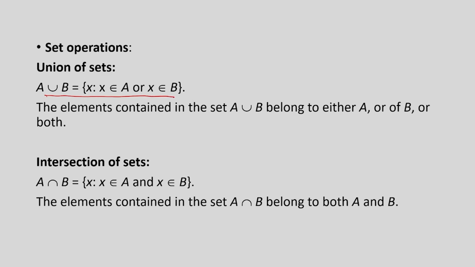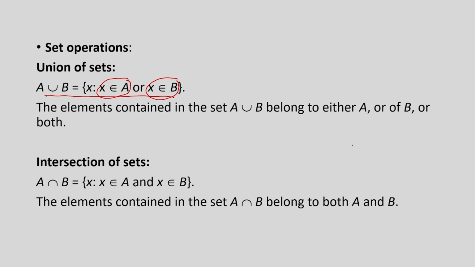So, A union B is a set, and the property of any element of that set is that if you pick up any element of that set, then that element belongs to A or it belongs to B. So, it means that it belongs to at least A or B, at least to one of them. Now, this also means that it might belong to both actually, right.